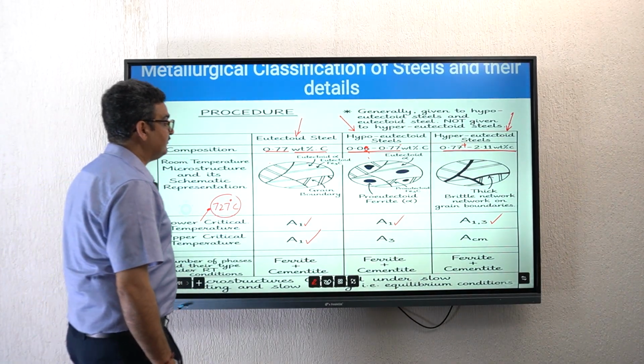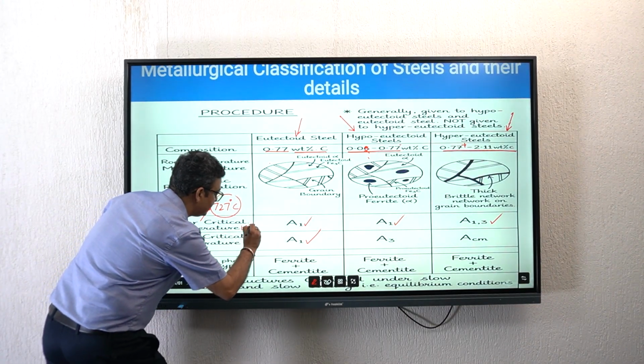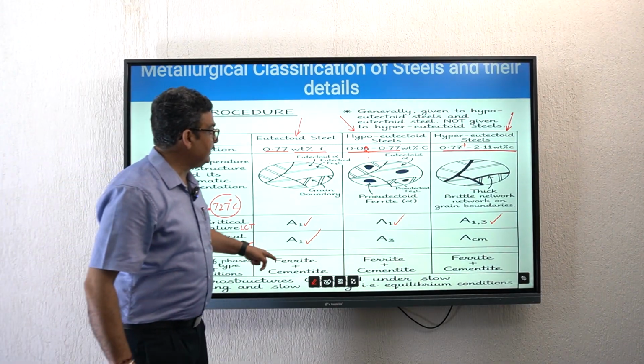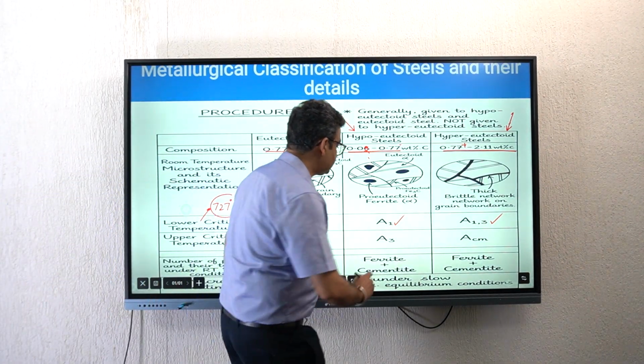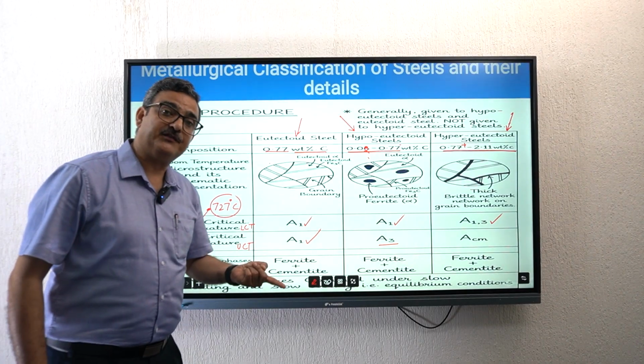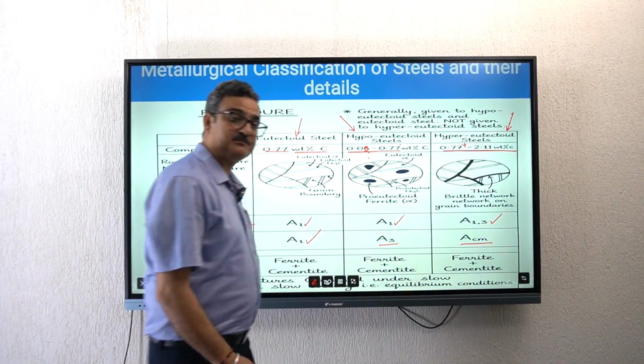What designation is given for upper critical temperature? This we call popularly LCT, this we call popularly UCT. Upper critical temperature of hypoeutectoid steels is the A3 line. Upper critical temperature of the hypereutectoid steels is the Acm line.